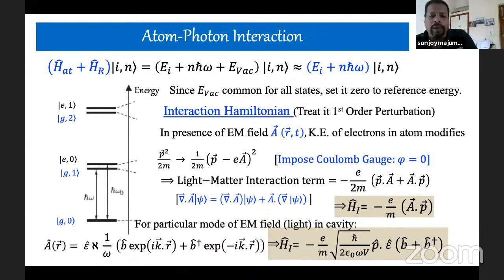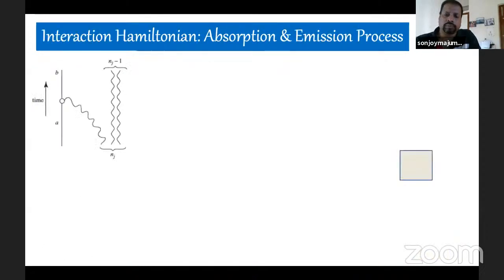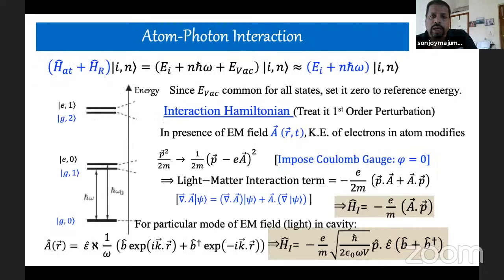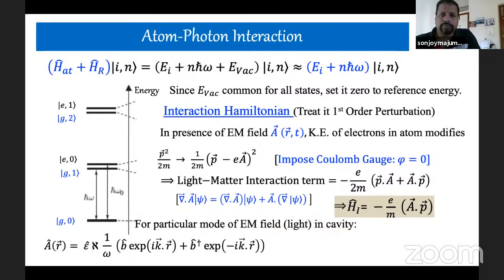Now, just to give you an example: when light interacts with the electron in an atom, it can absorb or emit. So how do I write this absorption and emission?